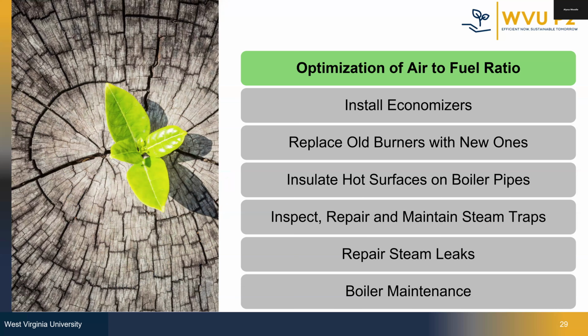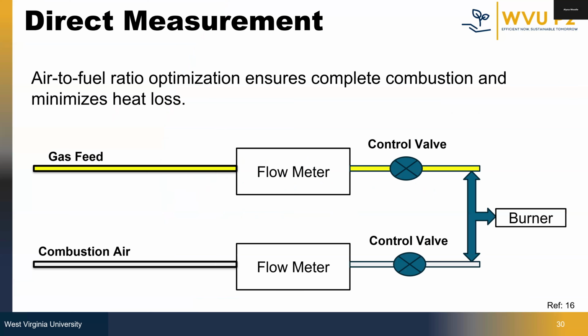So first, we want to make sure that the air-to-fuel ratio is optimized. So this is one of the most critical steps in improving boiler efficiency. Getting the air-to-fuel ratio right is essential, as too much air will result in excess heat being lost up the stack, and too little air causes incomplete combustion, which creates soot buildup and harmful emissions.